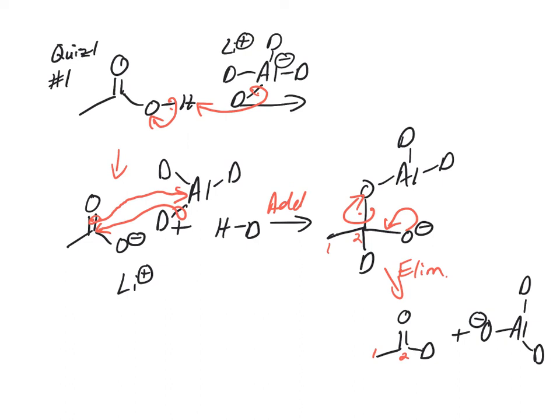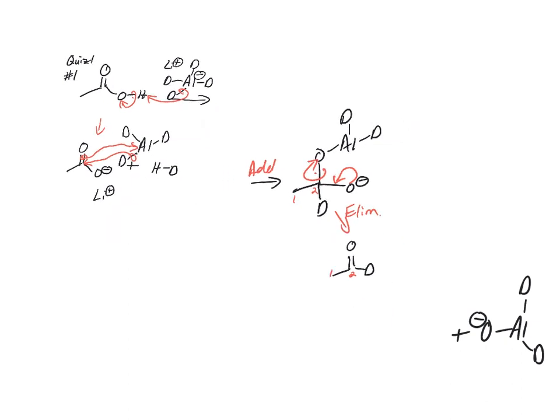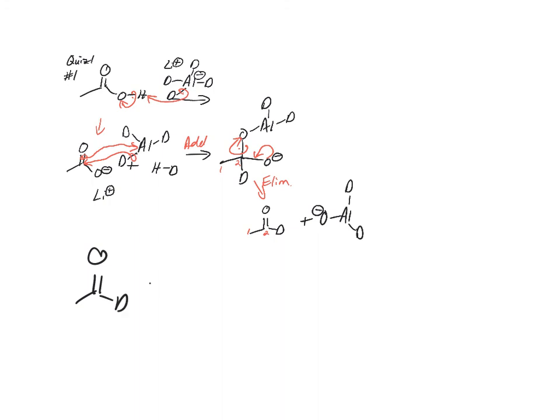The way I set this up might actually not be possible, but this is the way I set up the problem. Then I said, okay, stop right here. And now you're going to somehow take this and add in lithium aluminum hydride.